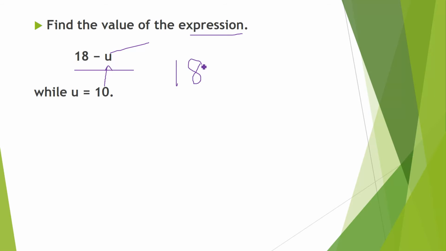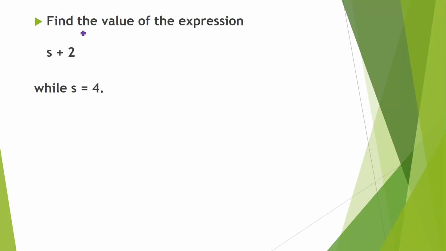So it will be 18 minus 10. Suppose you had 18 candies and you give 10 to your friend. How much is remaining? So it is 8. So simple. And this is the expression. Third question is same question.